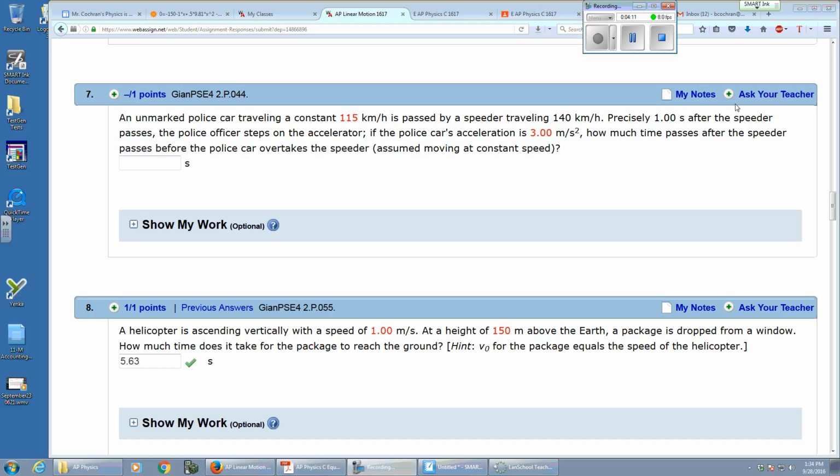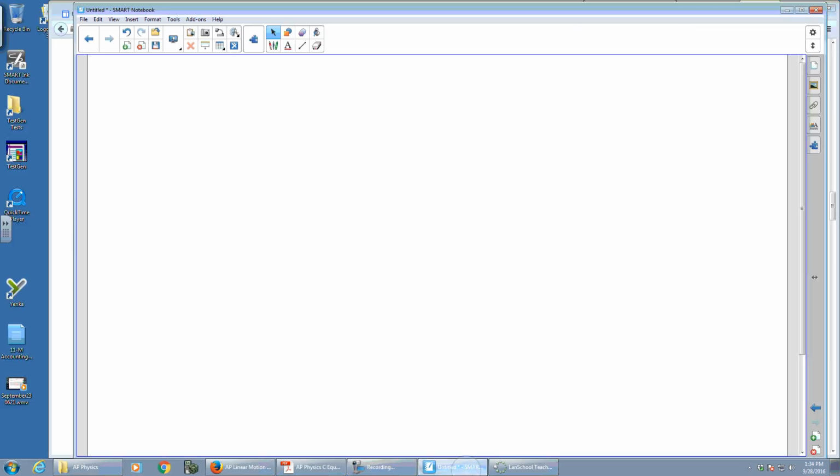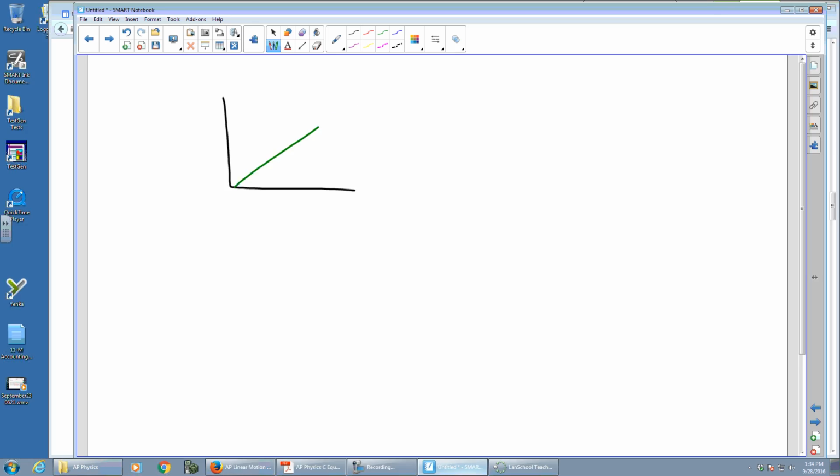All right. So I need the 2 cars to end up in the same place at the same time, right? If I was to graph it real quick, the speeder would look like that, and the police car would look like that.